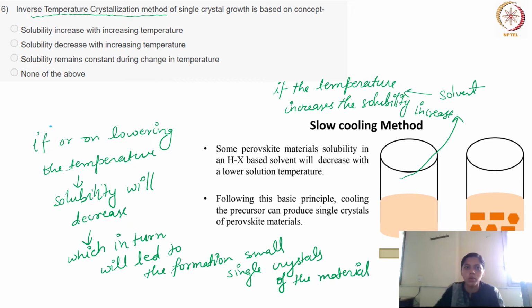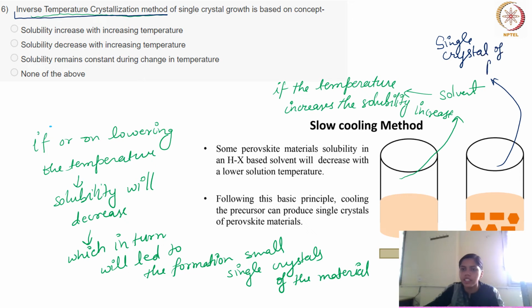So this slow cooling method, or we can say the inverse temperature crystallization method, is one of the techniques which we can use for the fabrication of single crystals of perovskites.